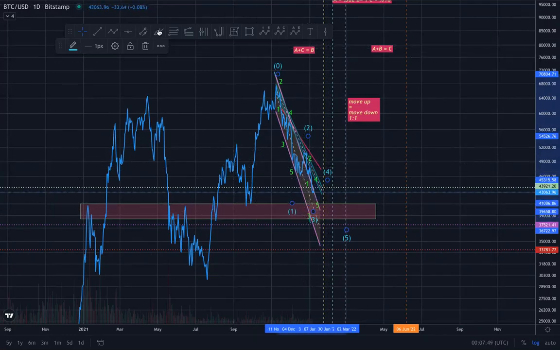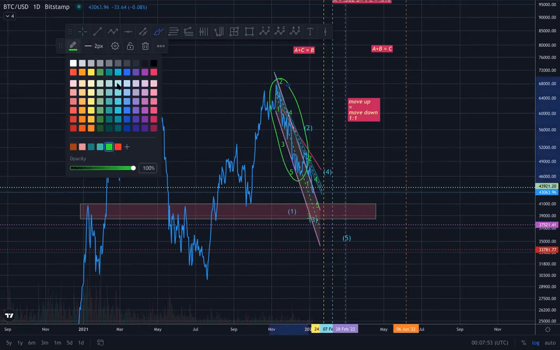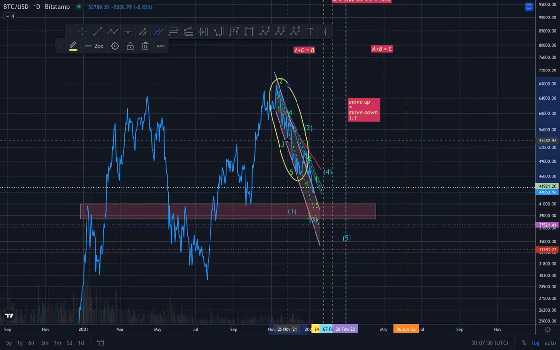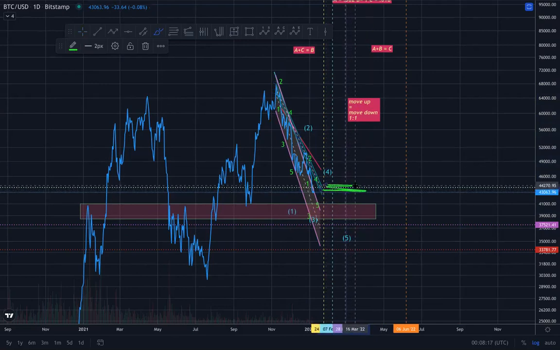So we'll take of this move, we will take 38.2% at the end of the, you know, with an internal external relationship here. And oops, we'll also take a 61.8% if we take the third wave. And let's imagine this to be where the fourth wave ends roughly. I think maybe around like the 43,000 level.